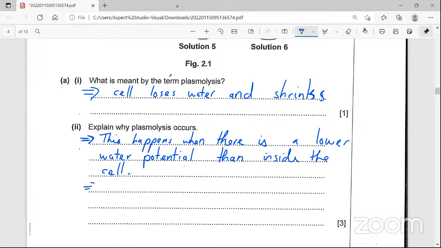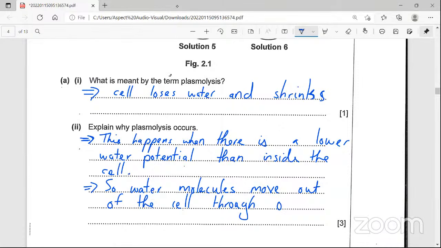So water molecules move out of the cell through osmosis. Your answer is close enough. They'll give you the answer. So through osmosis. Are we together? So that is the answer there.